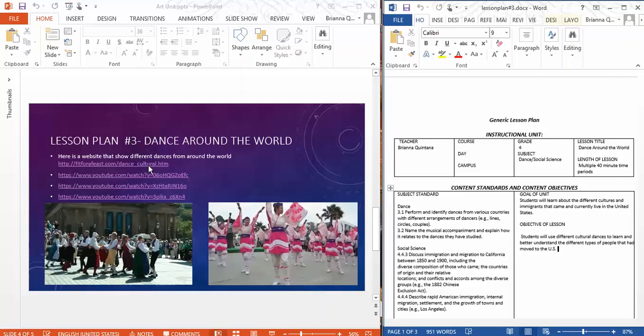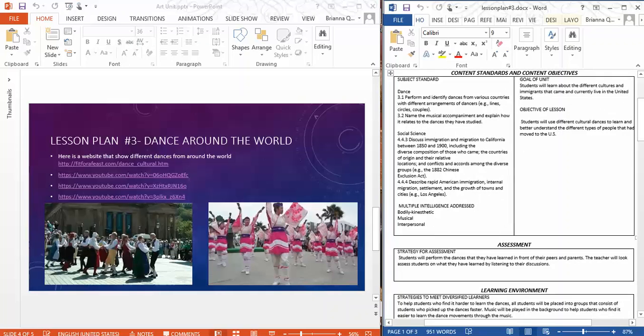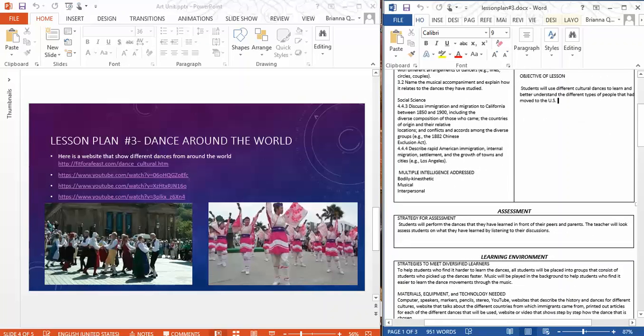And then, like I said, teachers can limit the list of dances that the students can choose from, or they can just allow the student or students in the groups to pick whatever they want. Of course, this website, the Fit for a Feast website, is a website for kids, so none of the dances should be what kids should not be watching, essentially.